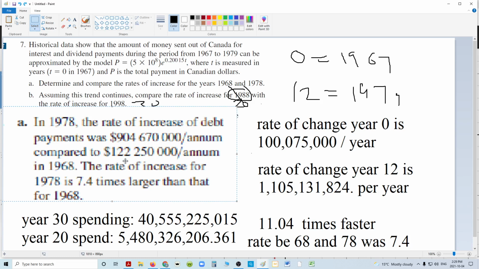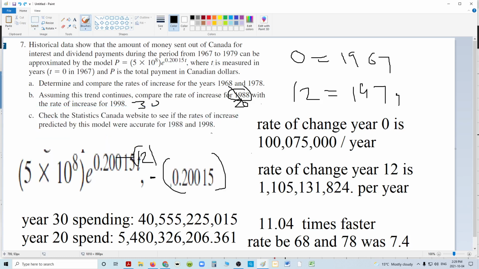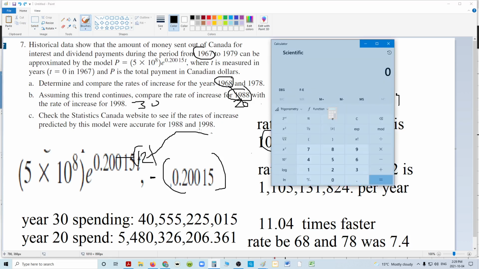Oh, I can see why we didn't get the right amounts. It's 1968, not 1967. So for this first rate of change, I had to use a 1, not a 0. Okay. If I do the 1, e to the exponent of open brackets 0.20015 close brackets, I get this.